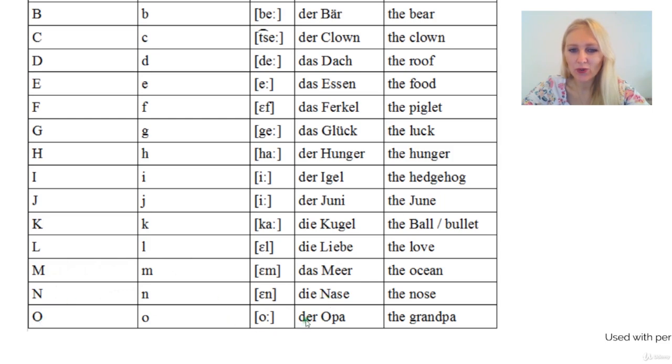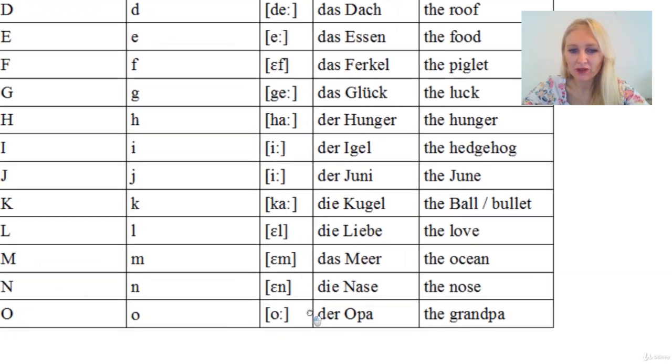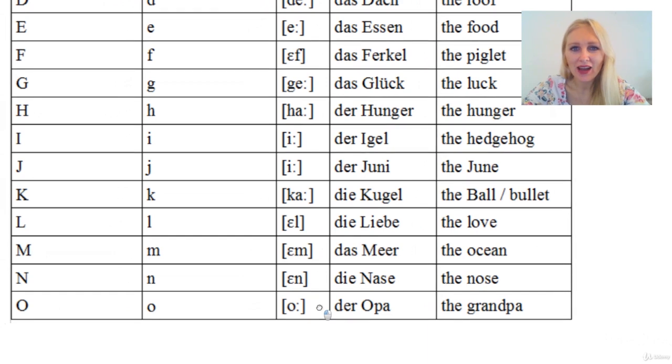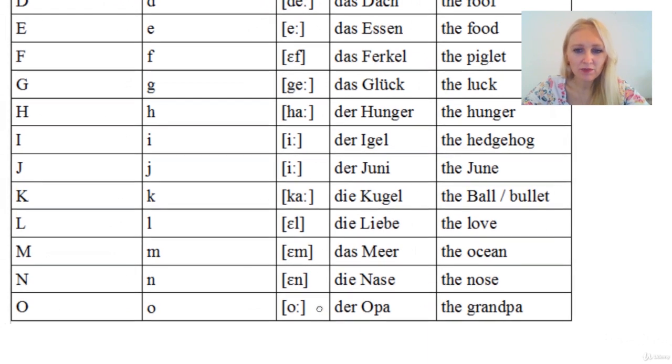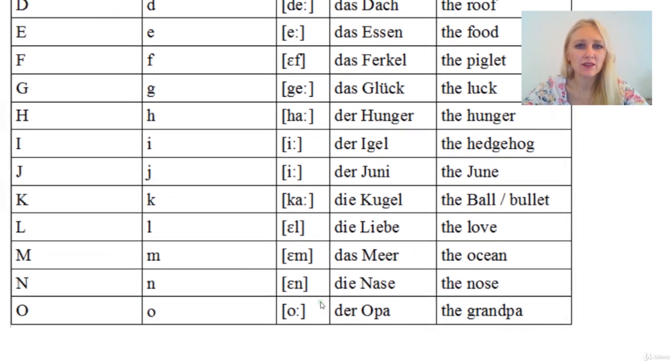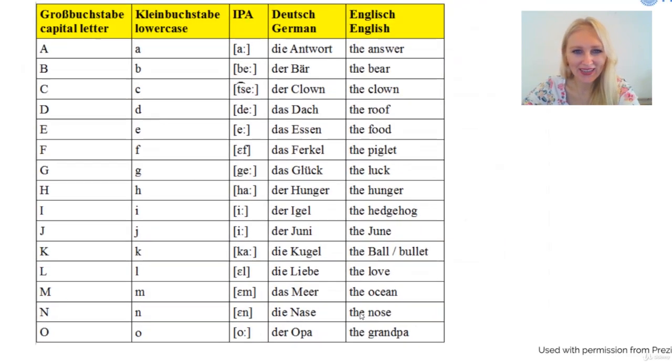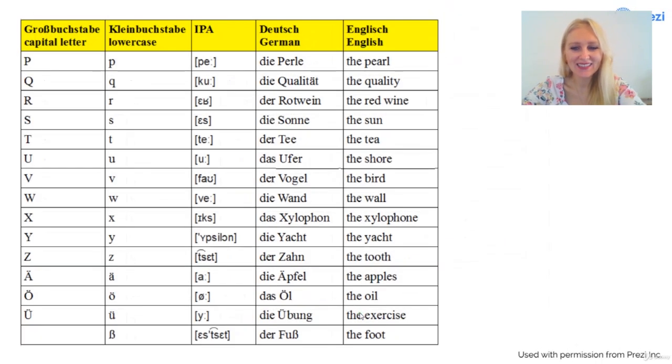O, der Opa, which is grandpa. We also have another word for grandpa, which is Großvater, but this is rather like grandfather. It's a little bit more formal and more old-fashioned. Today we rather say Opa and Oma for grandma. Okay, dann die nächste Seite, the next page.